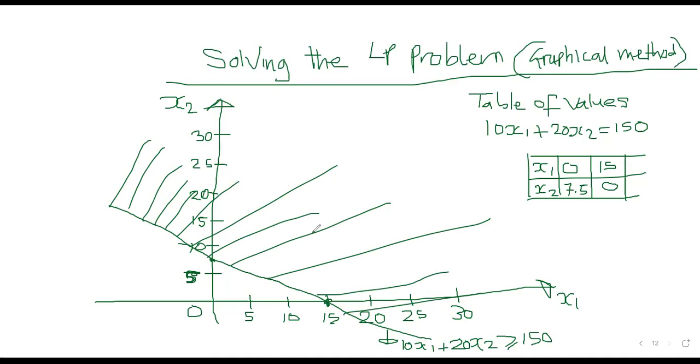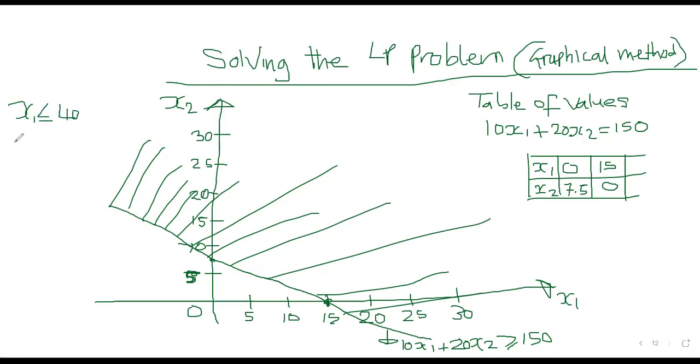Then what next? We have the other one, which is x1 less or equal to 40.